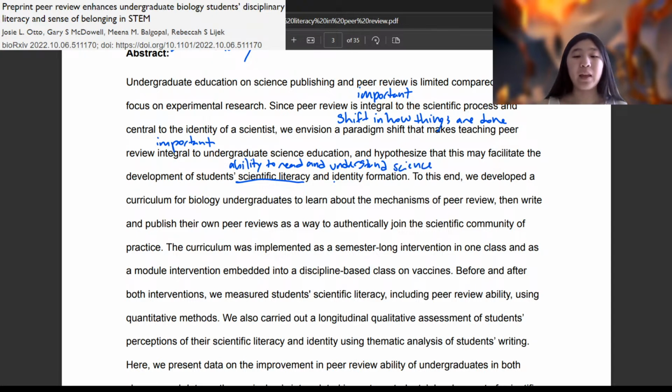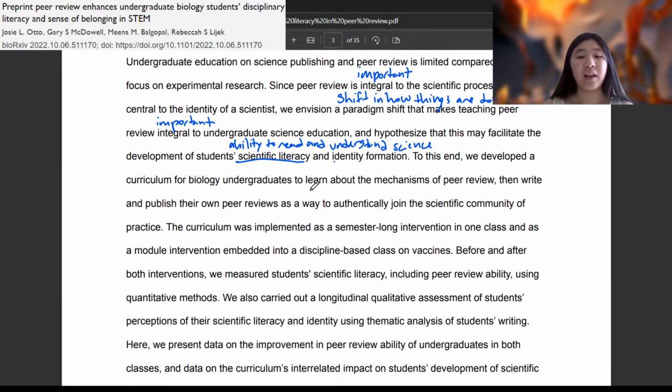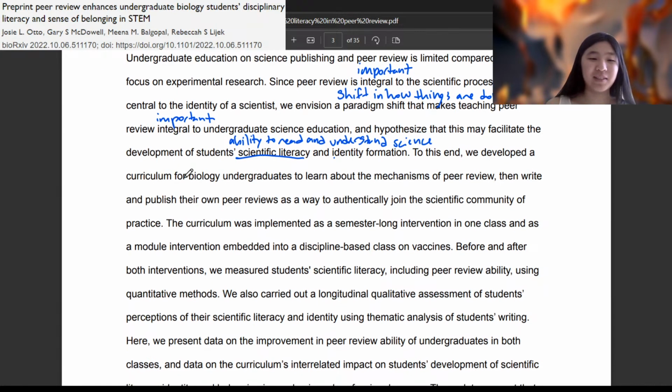Okay. To this end, we developed a curriculum for biology undergraduates to learn about the mechanisms of peer review. And then they write and publish their own peer reviews as a way to authentically join the scientific community of practice.